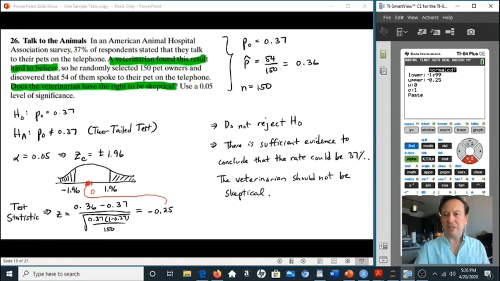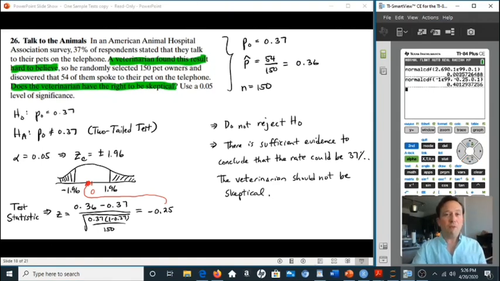And then the mean and the standard deviation stay the same. And there's my p-value. It's 0.40, 40%. So this p-value is much higher than 5% error, much higher. So that's the same conclusion that we do not reject the null hypothesis.